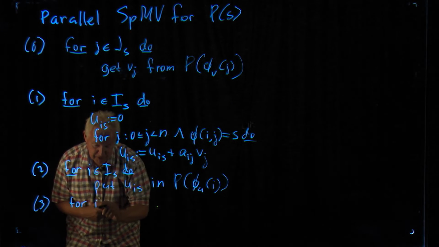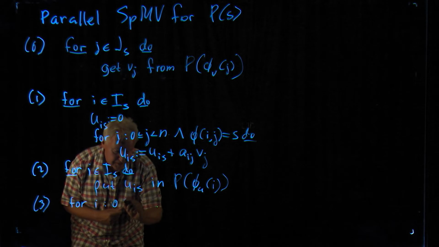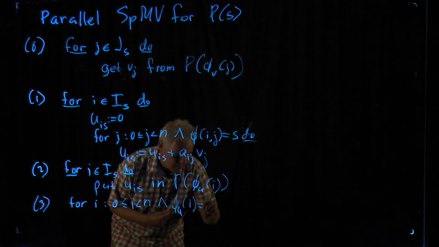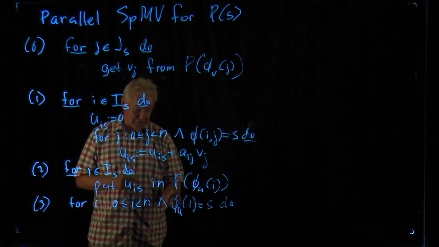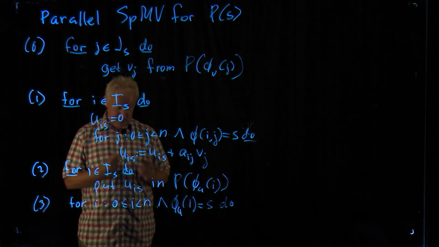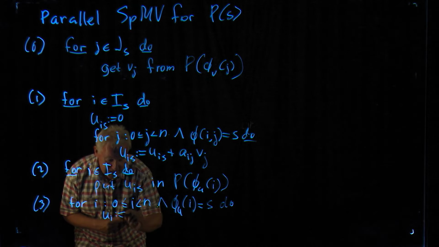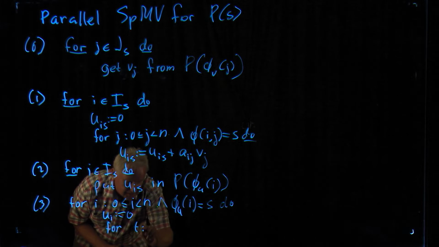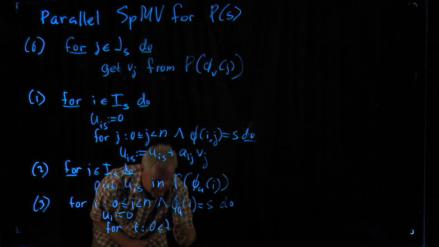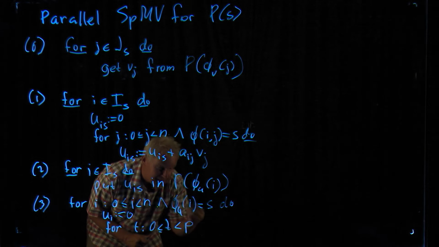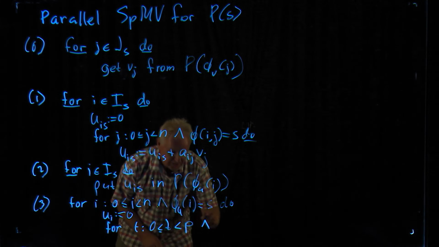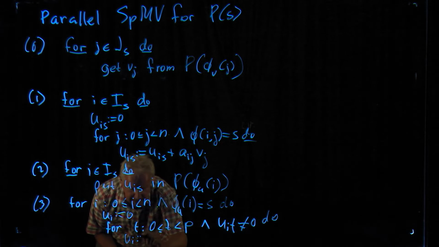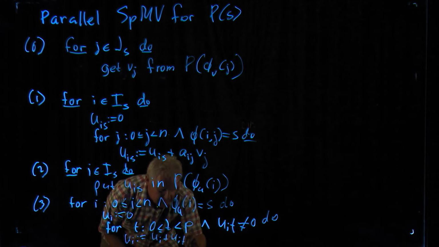So if I am responsible, for all the components i for which I am responsible, so phi u of i equals s, I initialize ui to 0, and for all the elements that I received, for t between 0 and p, where t is the sender, for all the t that contribute something, we add uit to ui.